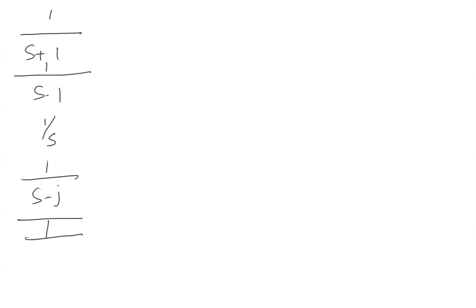1 by s plus 1, 1 by s minus 1, 1 by s, 1 by s minus j, 1 by s minus 1 minus j, 1 by s plus 1 minus j.